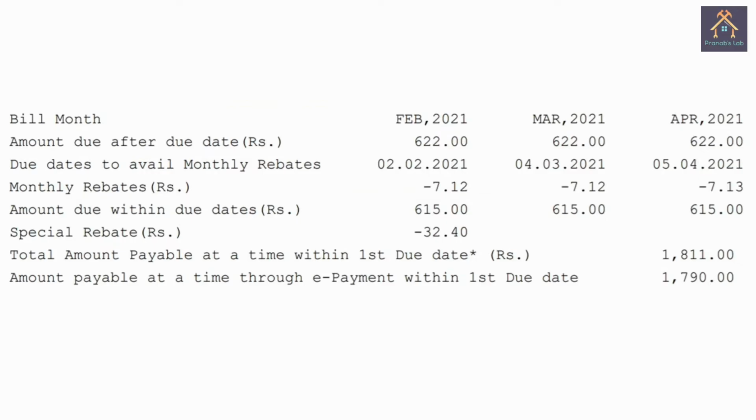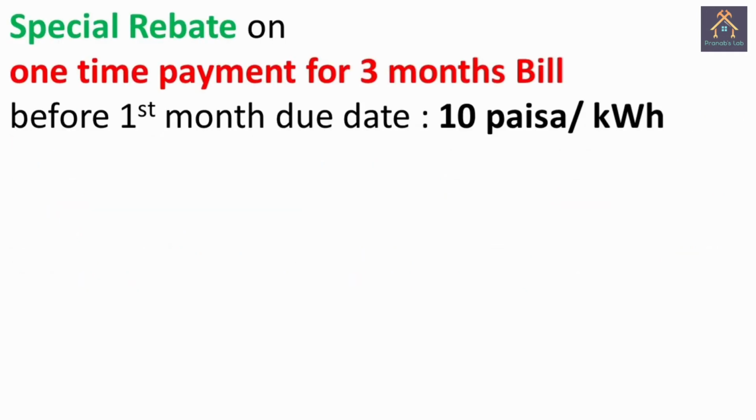That means if you are paying the total bills of February, March and April on or before the first due date, that is 2nd February 2021, at a time, you can get a 10 paisa per kilowatt hour extra discount on your total bill amount.